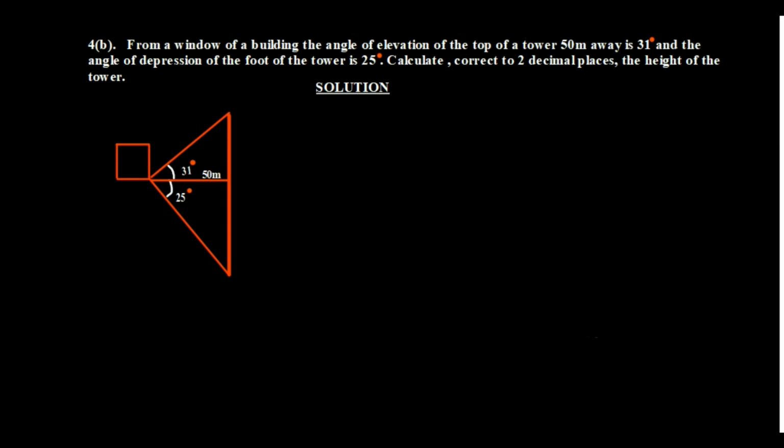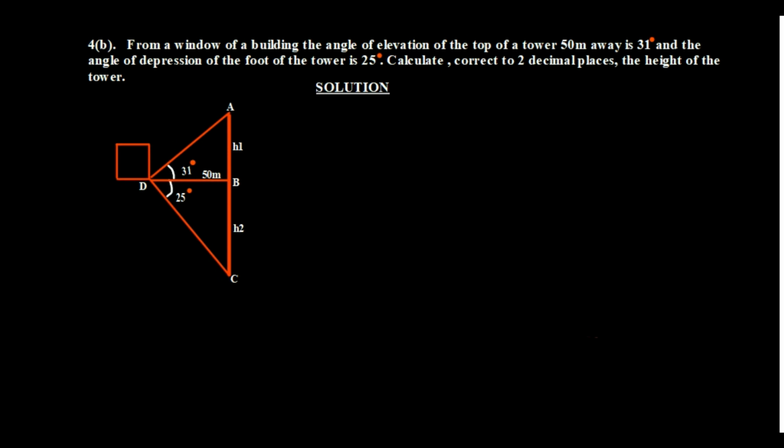And now what we need to do is label all the points here. Let's label this point as A, this point as B, this point as C, and we label this point as D. Then we can say that the distance from A to B, we can name it as H1, and the distance from B down to C, let us name it H2.